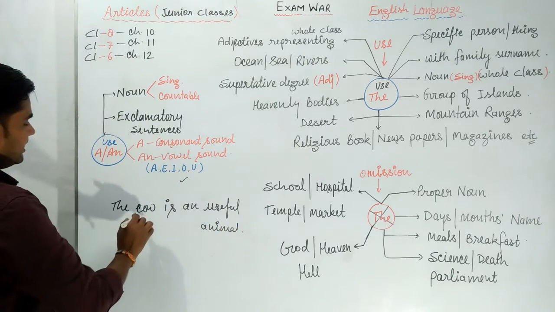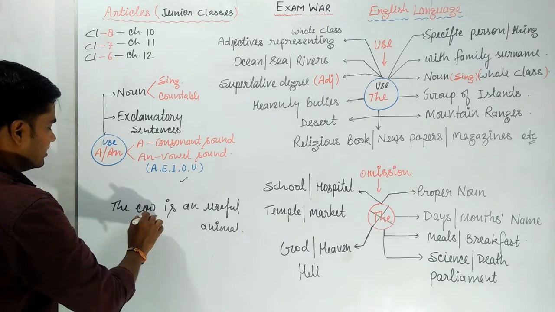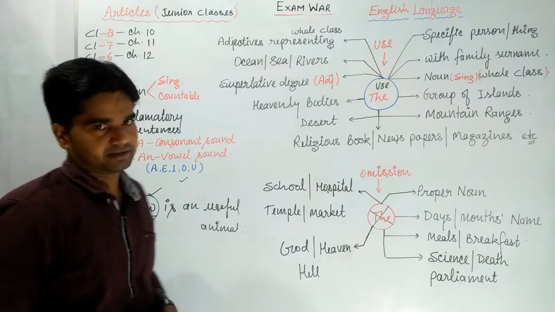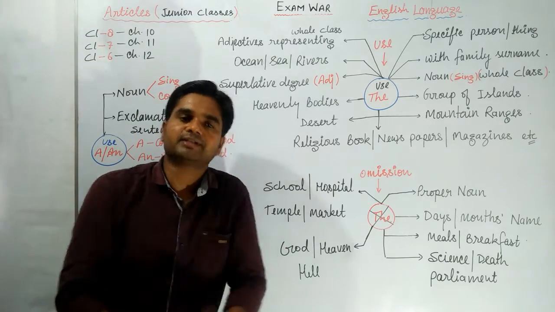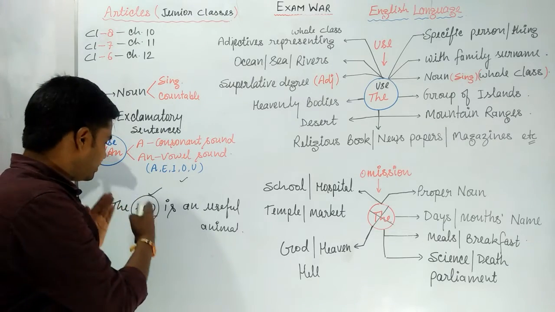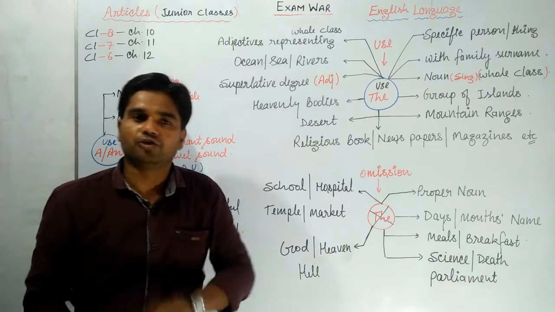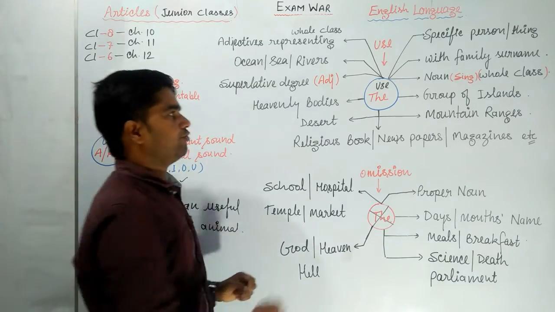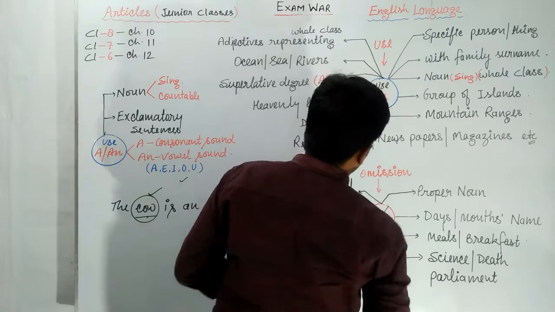Here the word cow is singular, and it is referring to the whole class, not a single cow. It refers to the whole class of cows, because all cows are useful, not a single cow. So in such cases, we use article the before the noun when it refers to a whole class.